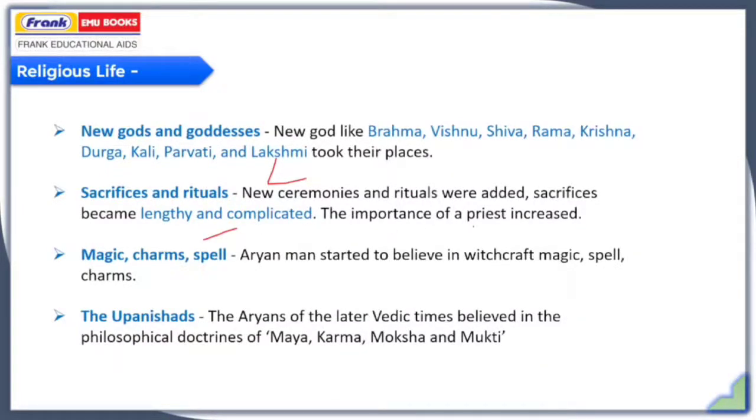The importance of the priest increased in this period. Magic charms and spells. The Aryan man started believing in witchcraft, magic spells, and charms. The Upanishads. The Aryans of the later Vedic times believed in the philosophical doctrines of Maya, Karma, Moksha, and Mukti.